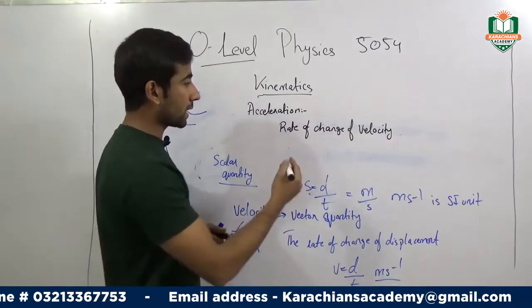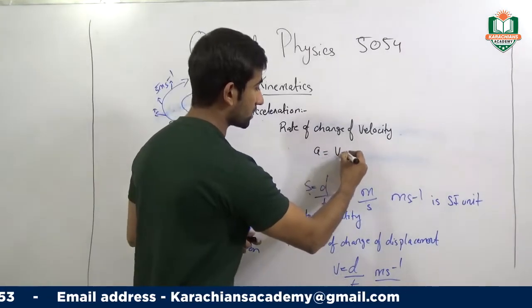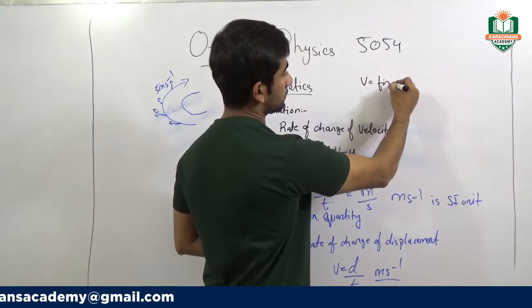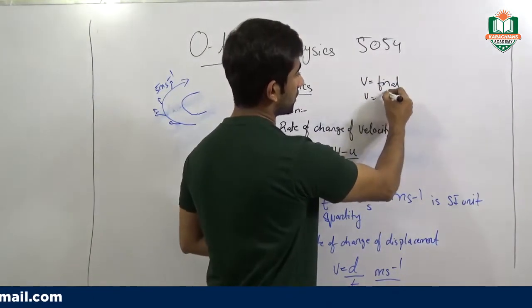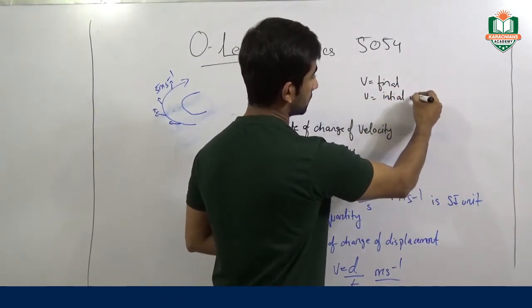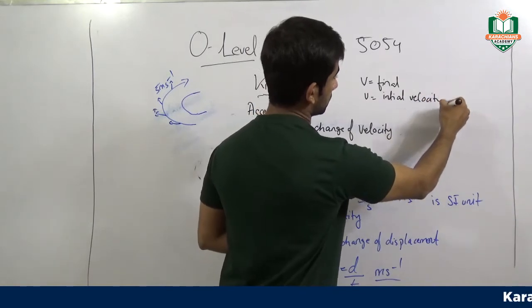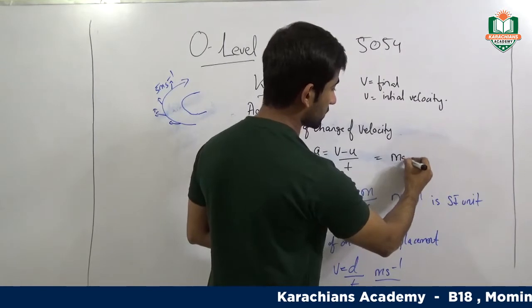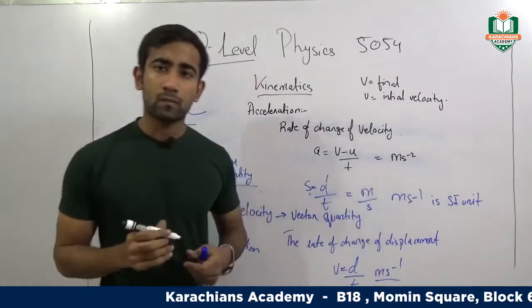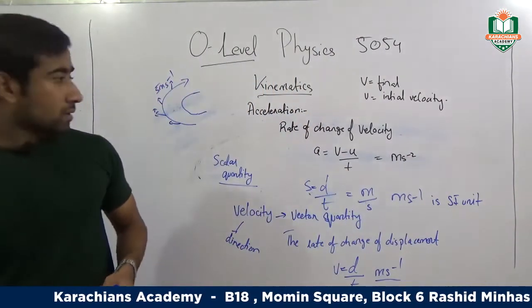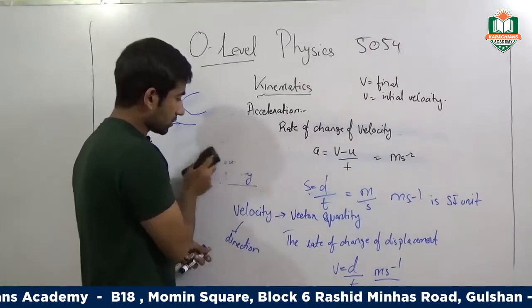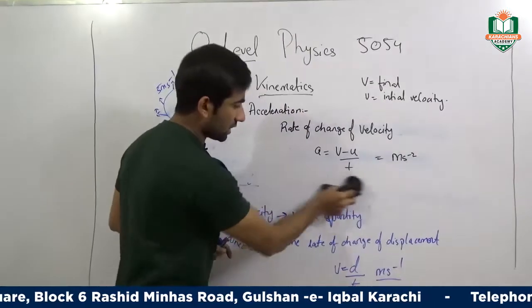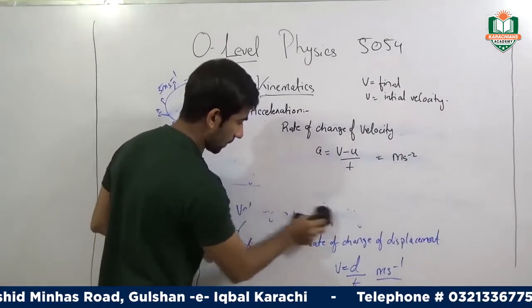So we will be saying that acceleration is v minus u upon time. v is the final velocity, u is initial velocity, and t is time. The SI unit for acceleration is m s^-2. And when we are discussing acceleration, let's do a short numerical to get a key explanation of what acceleration actually is.